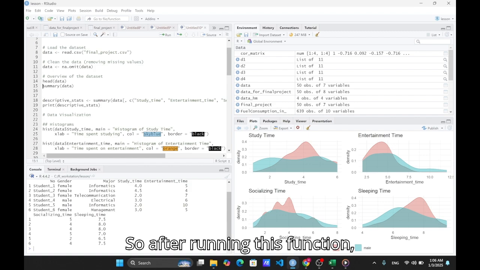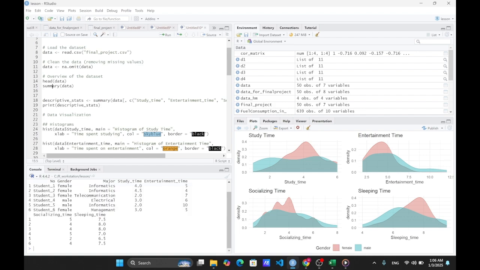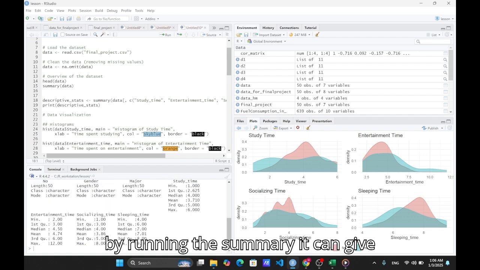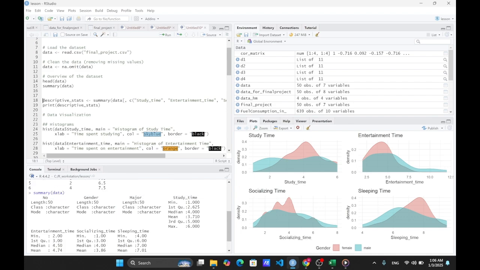After running these, you can see the first 6 rows of my data, and the summary gives you the key statistics of your variables.